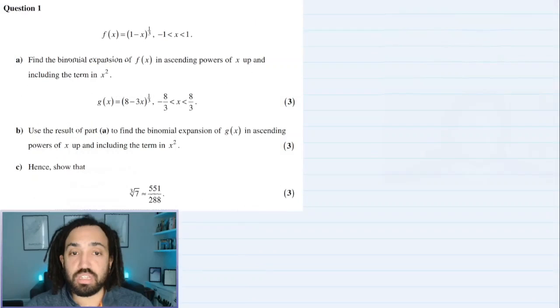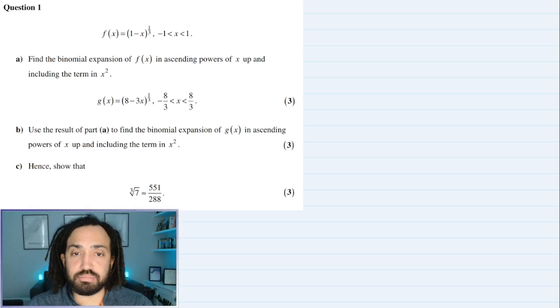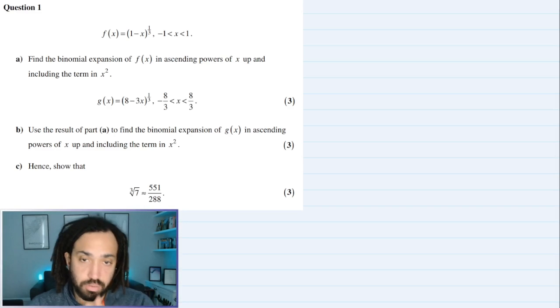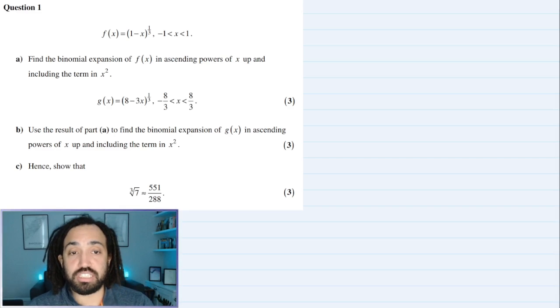Let's do it. So we have f of x is equal to 1 minus x to the power of a third. It says find the binomial expansion in ascending powers of x up to the x squared term. Okay, so that's fairly standard.